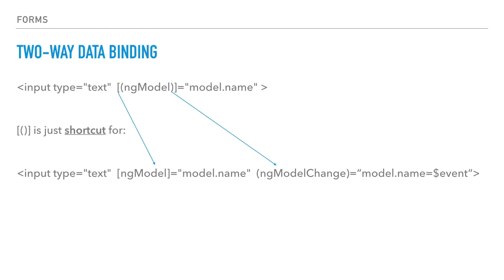So we can see that the real implementation should be: first, we have the binding of model.name to the ngModel, and then we have the event ngModelChange, and when this happens, we take the event, this is what holds the value, and we put the event value in the model.name. So this is the real implementation, and the combination of these two makes the ngModel with the banana in the box syntax.